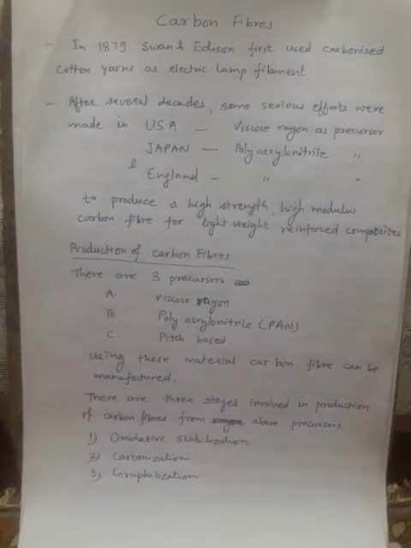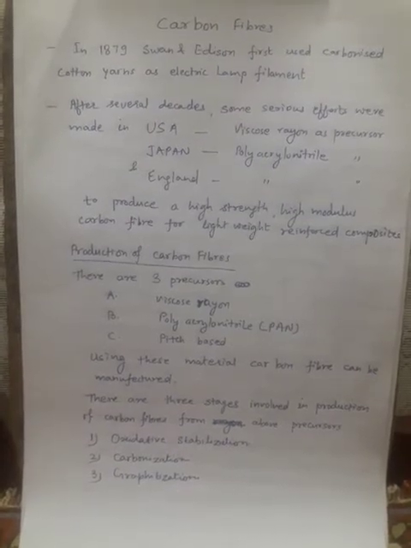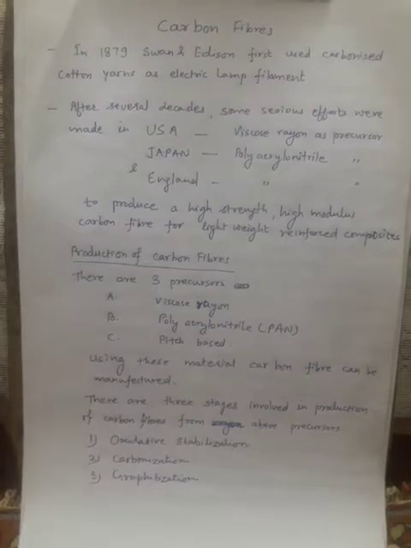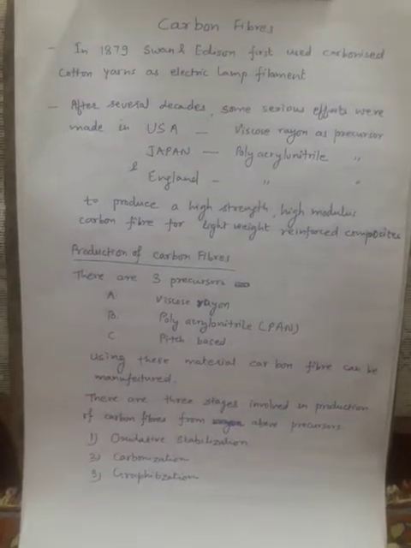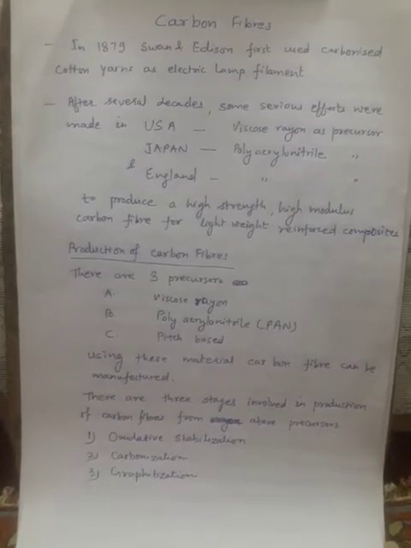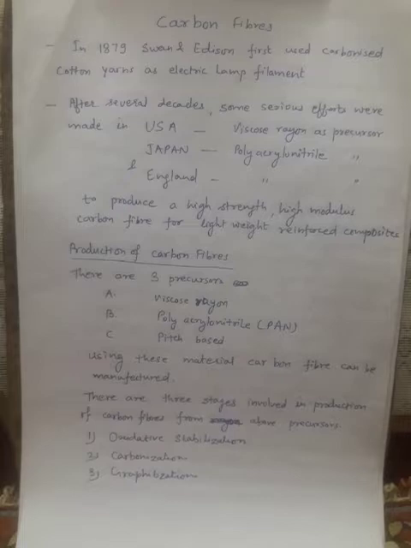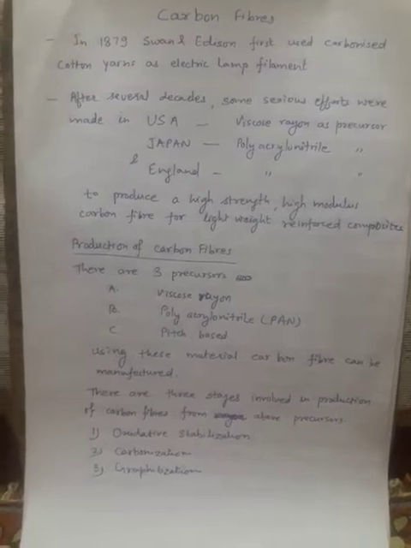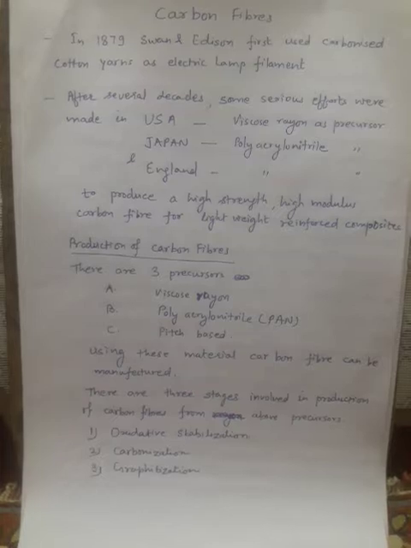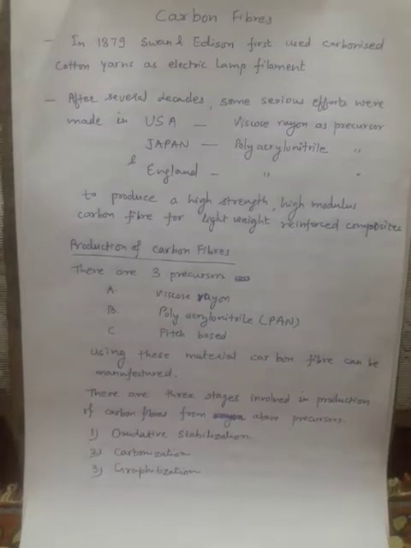In history, carbon fibers were first used as a bulb filament by Swan and Edison in 1879, and from that period for 60 to 70 years, no serious efforts were carried out by researchers.